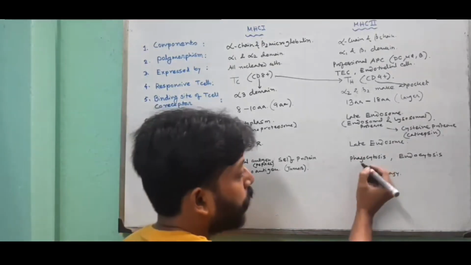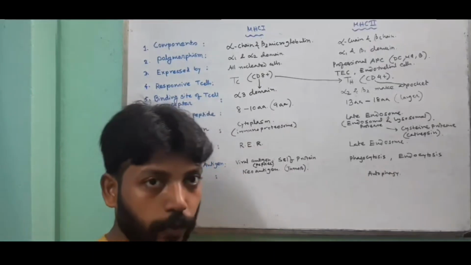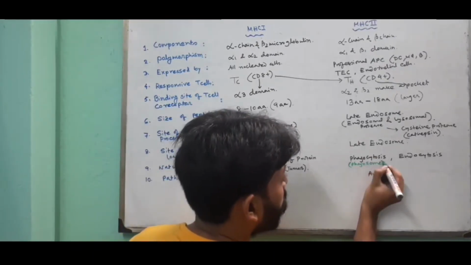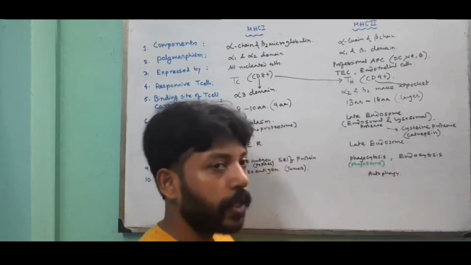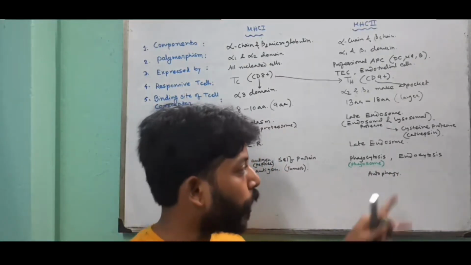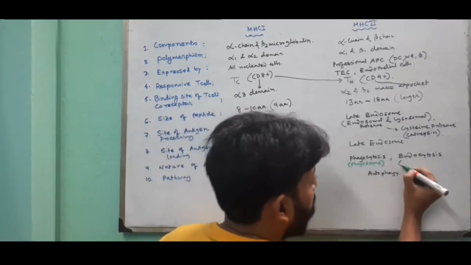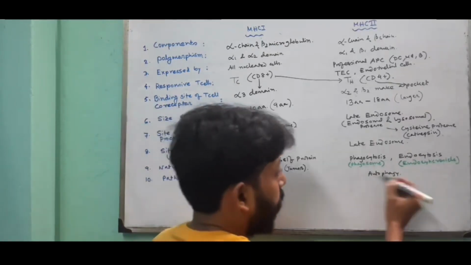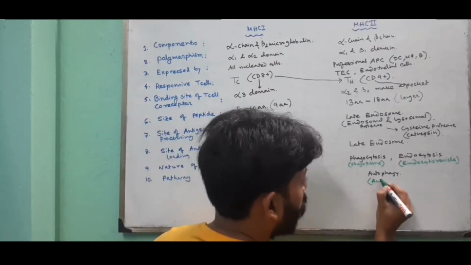Like if it is phagocytosis, then the pathogen or the antigen enter into the phagosome. So this is a vesicle. If the pathogen is entering into the cell through endocytosis, it actually enters a vesicle called endocytic vesicle. So these are the vesicles. And in case of autophagy, it is present in the autophagosome.